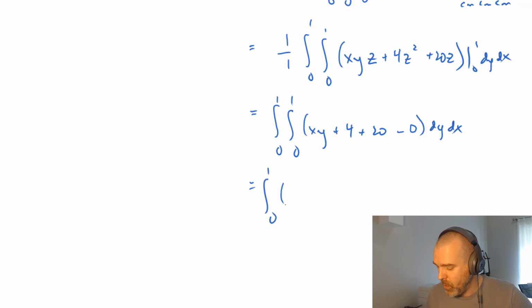Now we're integrating with respect to y, so this will be xy squared over 2 plus 24y, from 0 to 1, and that's dx.